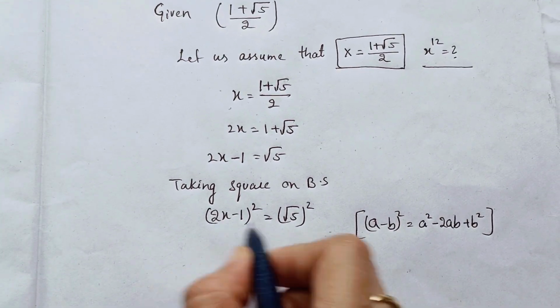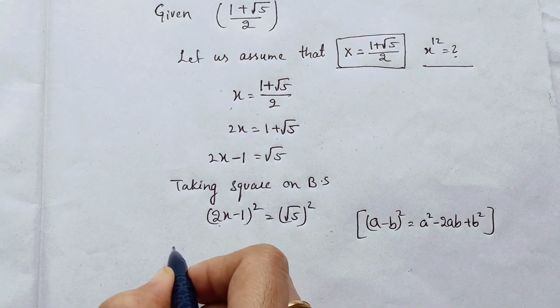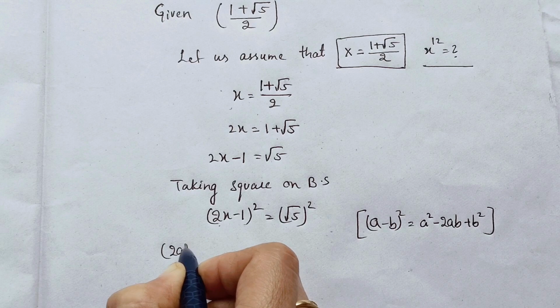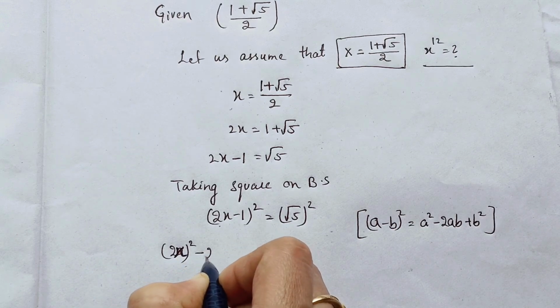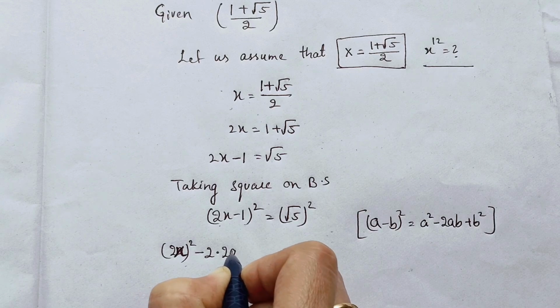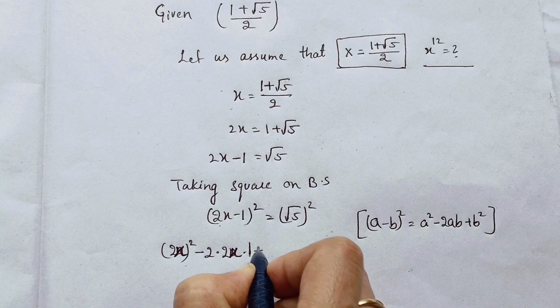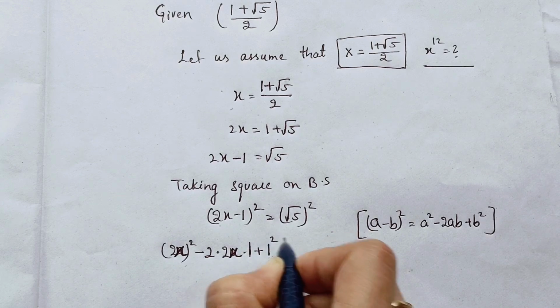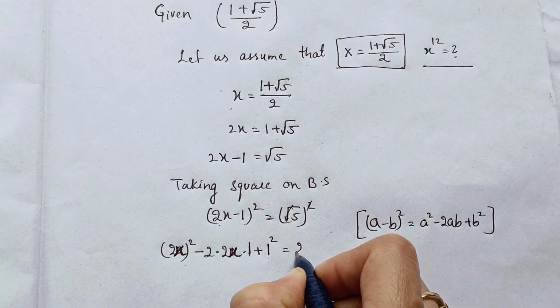Here this is a and this is b, so a square means (2x) whole square, minus 2 into a into b, plus b square means 1 square, equal to 5, since square and square root get cancelled.